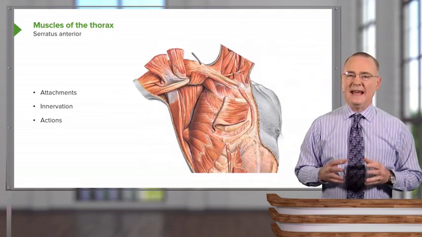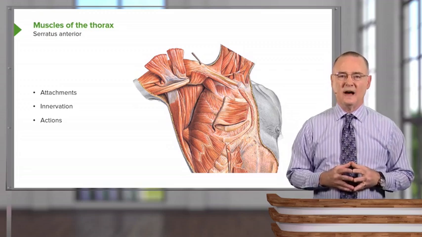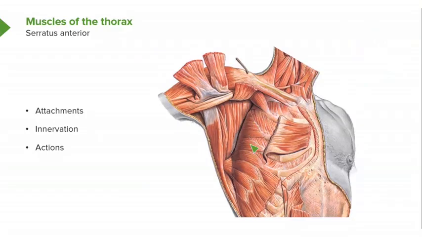The serratus anterior is a major muscle on the lateral side of the thoracic wall, and we can see several of the slips from the serratus anterior taking their origin from ribs 1 through 9.